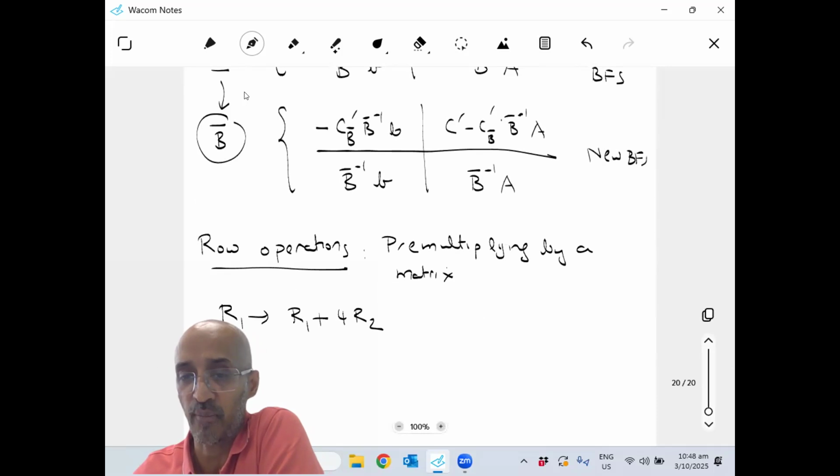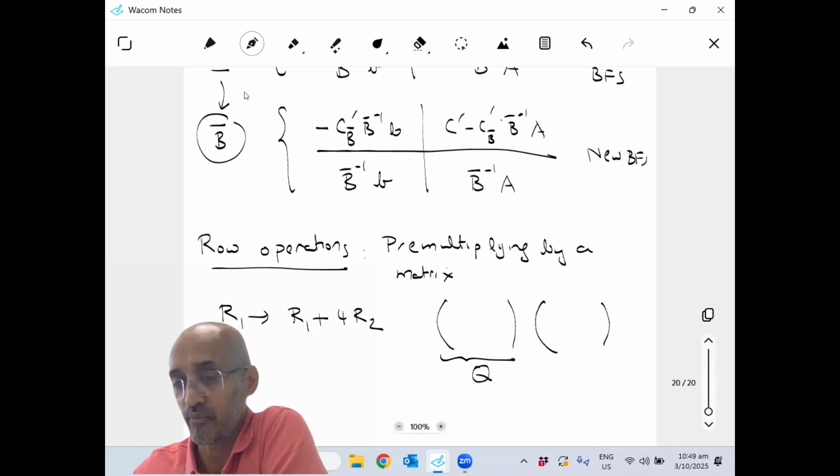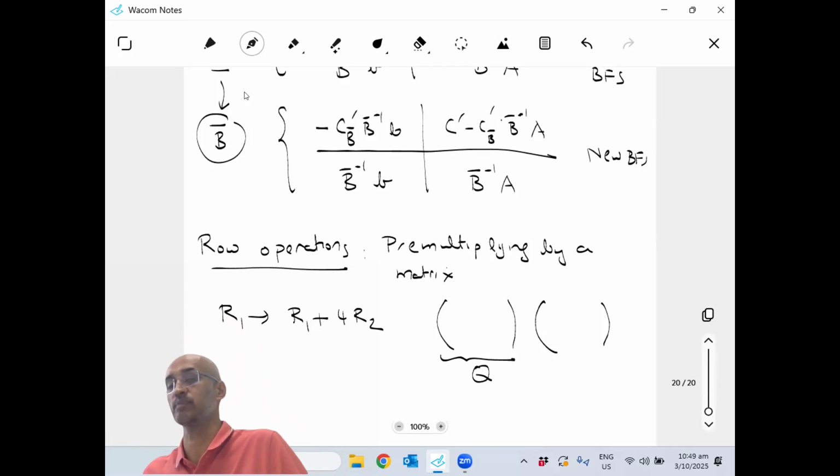I've got a matrix, my tableau, to which I'm doing a pre-multiplication by a matrix Q, which is square. What is this matrix going to be?